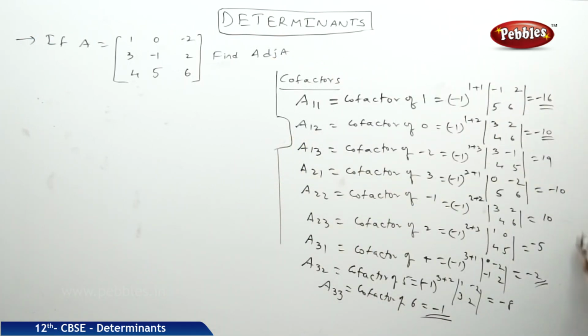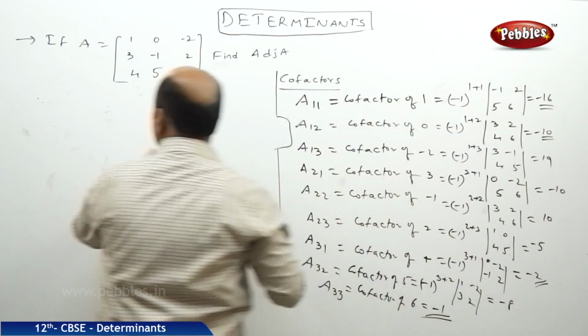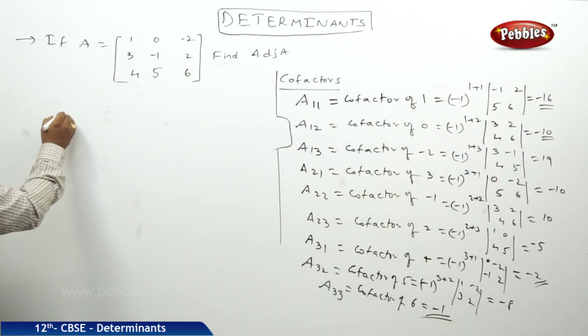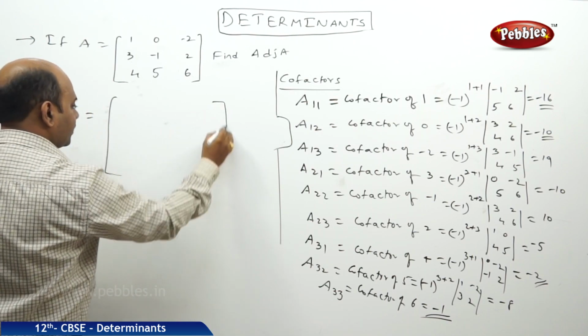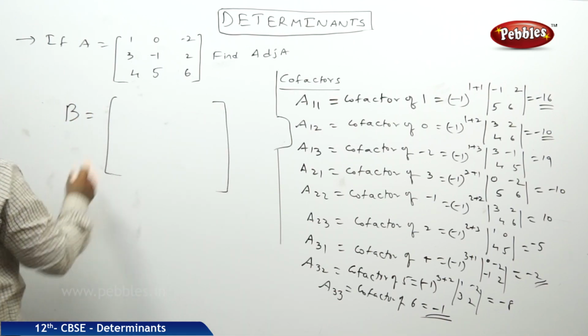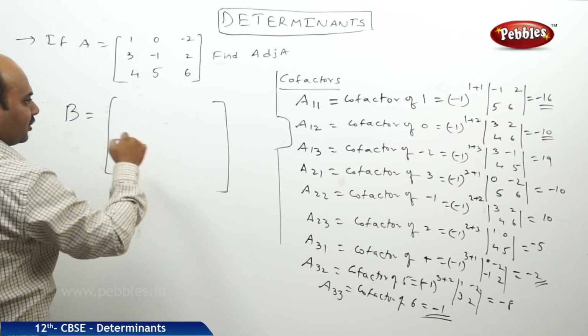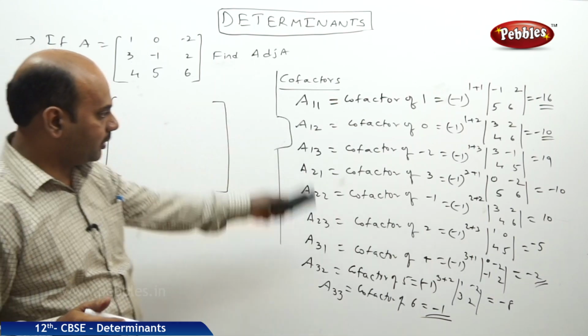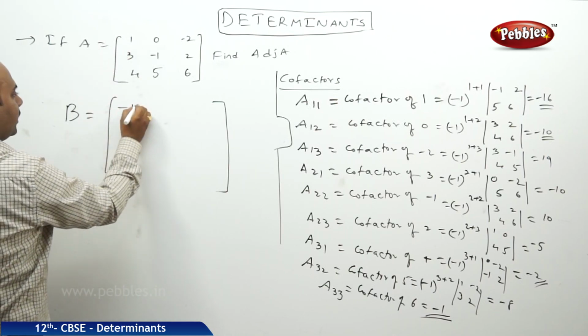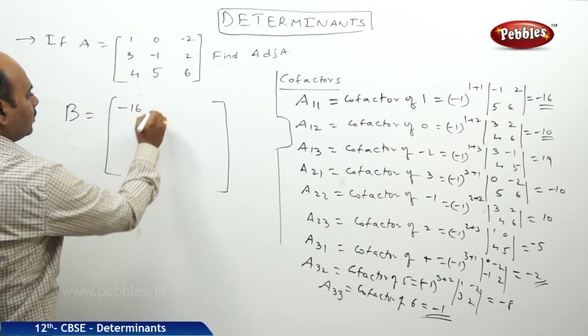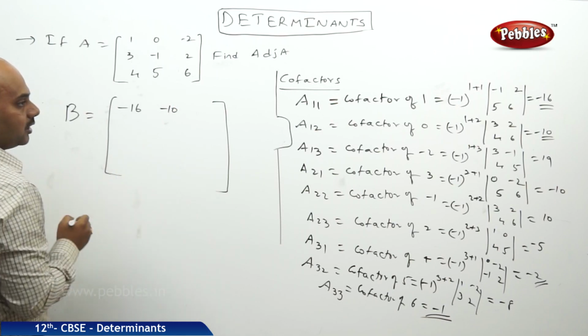So I have found out the cofactors. And I'll be writing a matrix capital B like this, where I'll be filling each and every row and column with these particular cofactors. That means for 1, the cofactor I obtained is minus 16. For 0, minus 10.